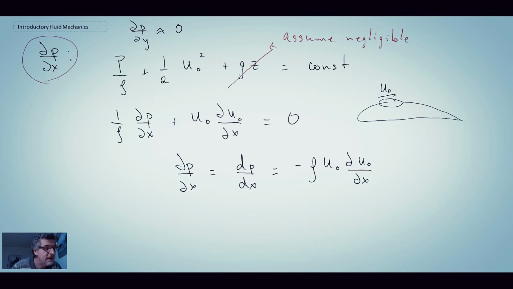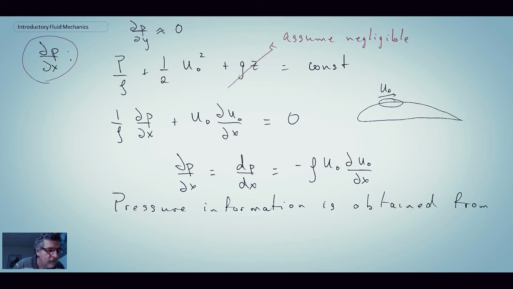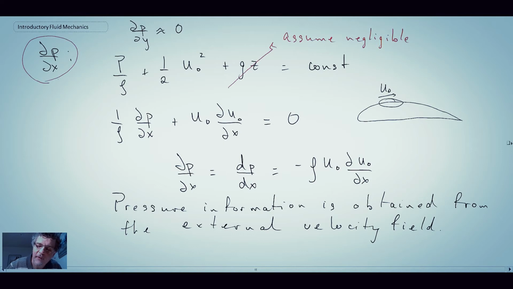And essentially what it tells us is that we can solve inviscid flow about a body and then bring that pressure into the boundary layer. So pressure is brought in from the external flow.